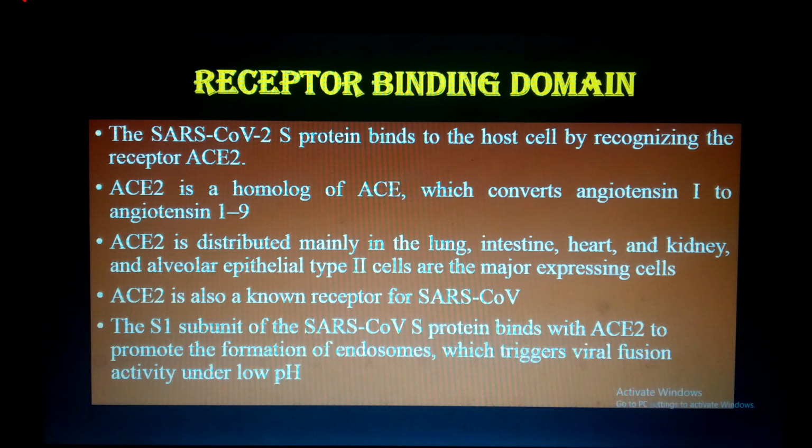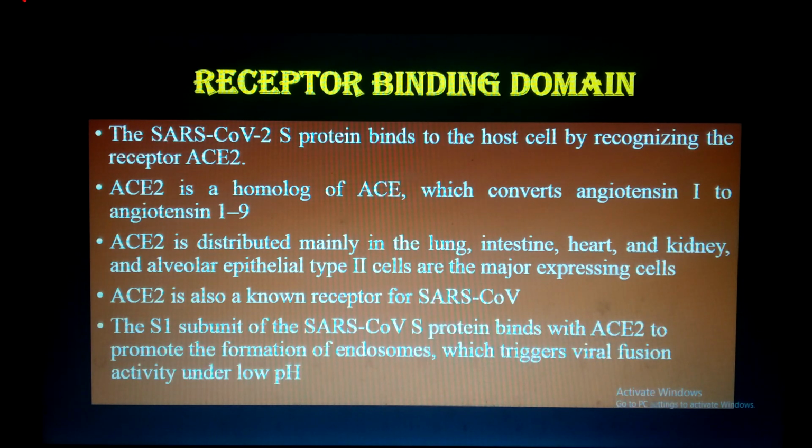So the S1 subunit of the SARS coronavirus S protein binds with ACE2, the receptor, and promotes the formation of endosomes. And these endosomes in turn trigger viral fusion activity under low pH.